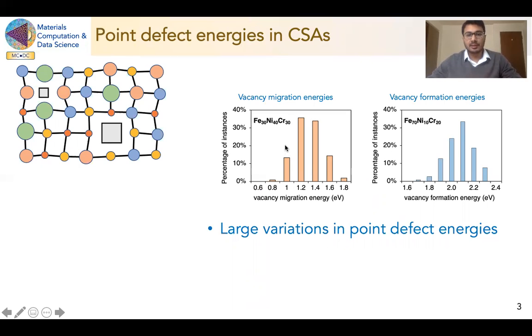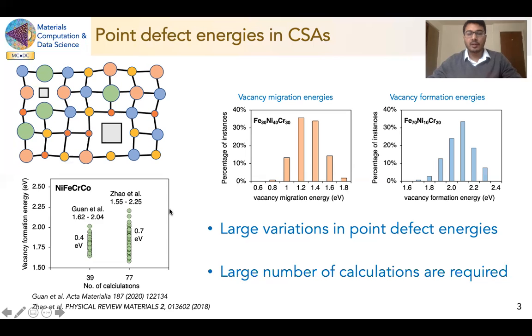And in the case of migration energies, you can see that the range is between 0.81 and 1.8 eV. And similarly for the vacancy formation energy case in iron 17 nickel 10 chromium 20 alloy, the variation is quite high and energies are between 1.65 eV to around 2.3 eV.